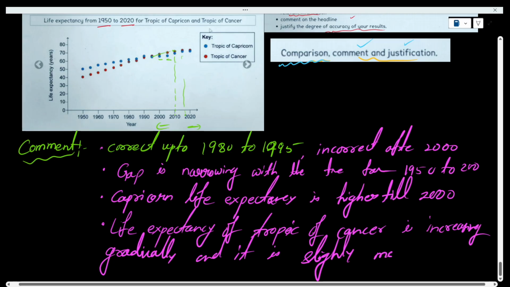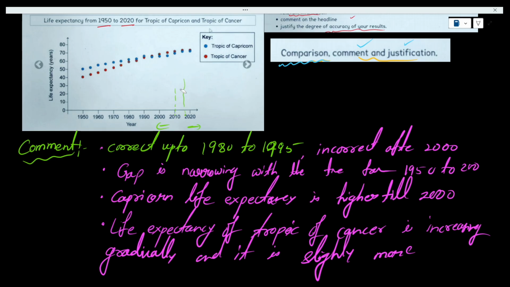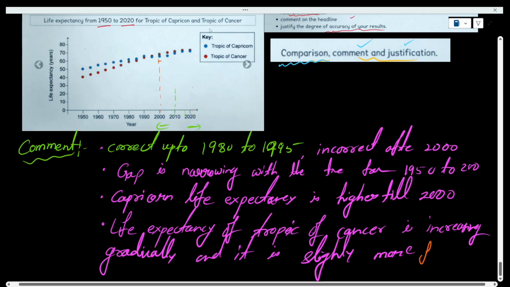In which year, if you see the graph, is it slightly more than Tropic of Capricorn? You can see that it is starting from here, 2000 to 2020, slightly more from here.